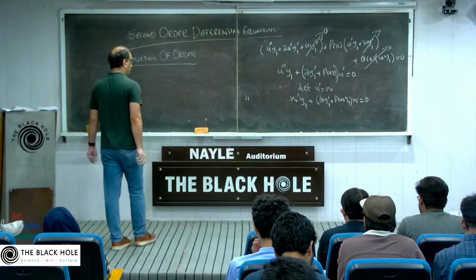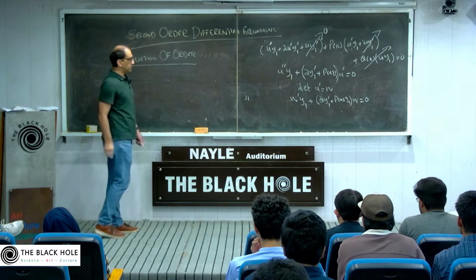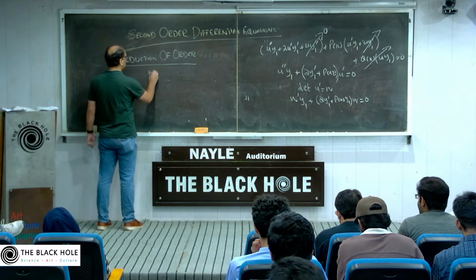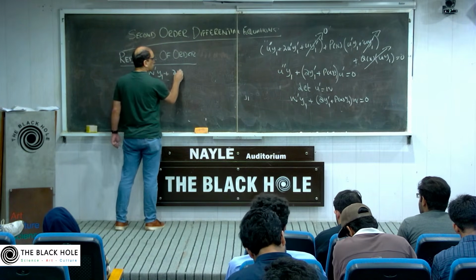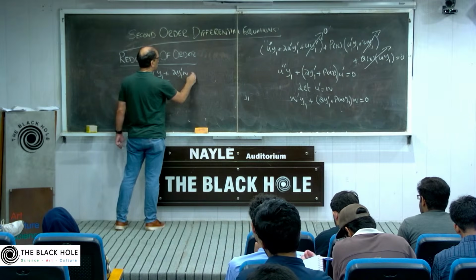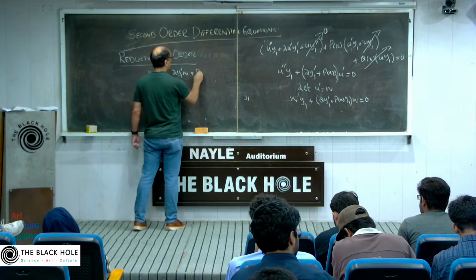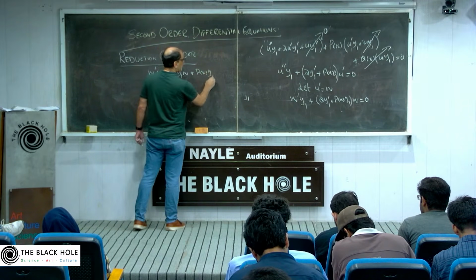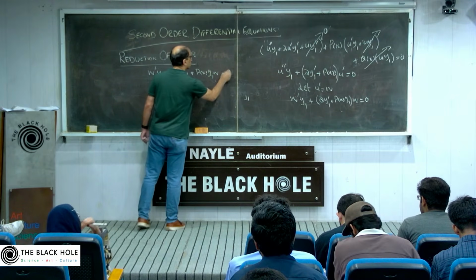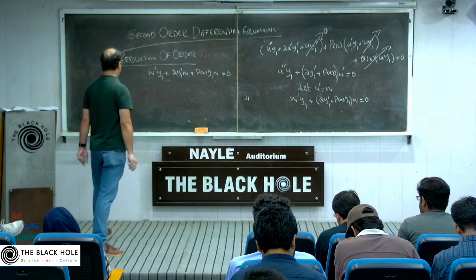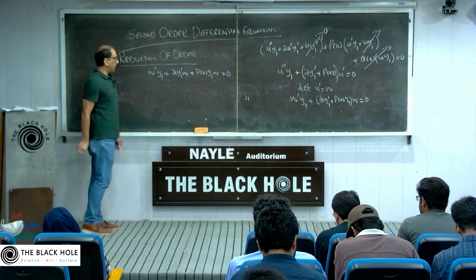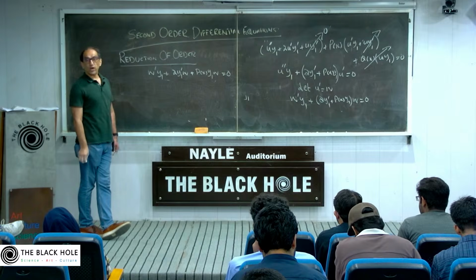So now I divide, first let me write everything. So this will be w dash y1 plus 2 y1 dash w plus p of x y1 w equal to 0. Divide throughout by w y1.